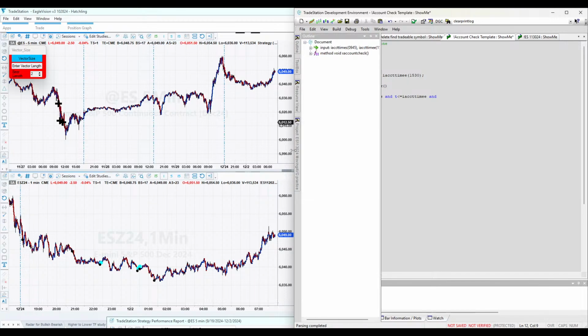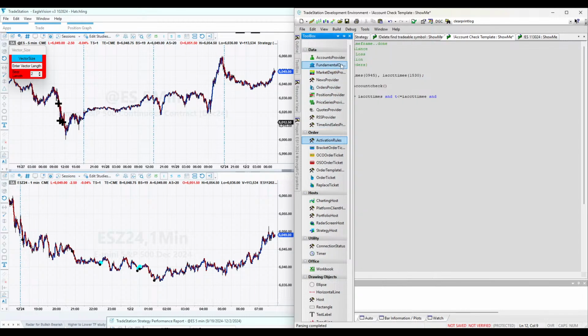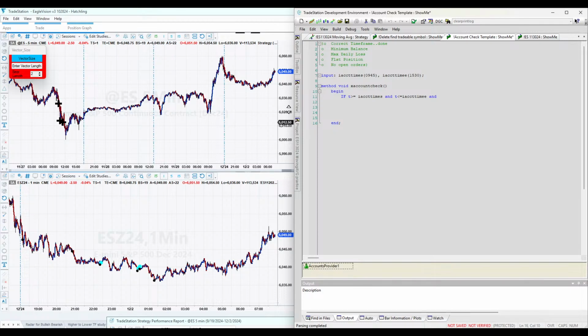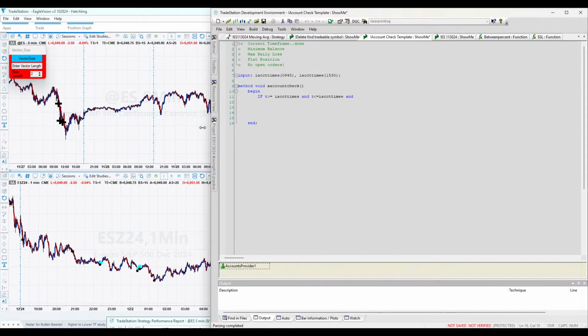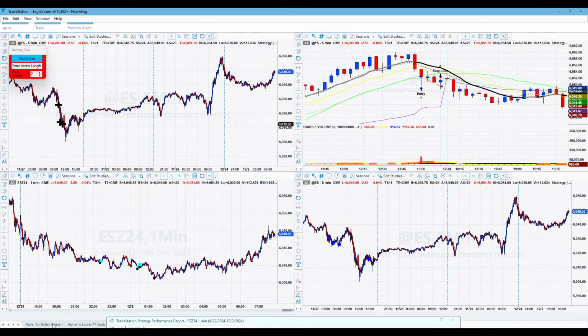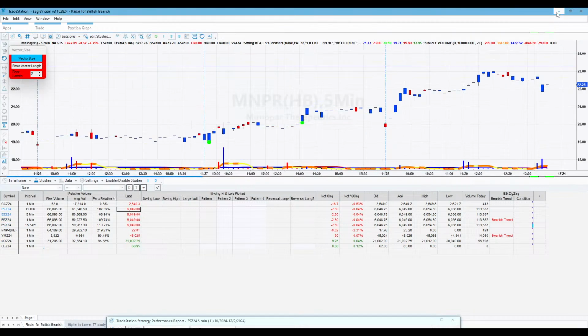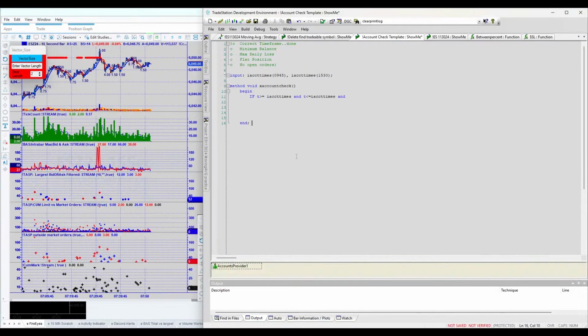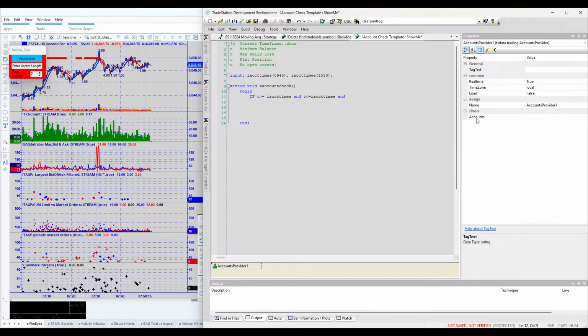So we'll come over here. Provider. Properties. True to load it. It's called AP, accounts provider. We can actually put the account.